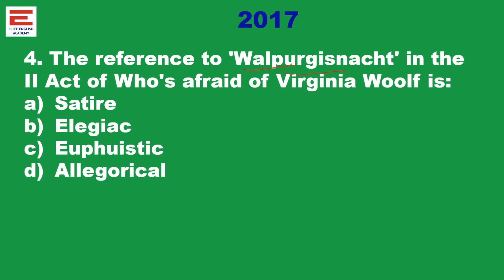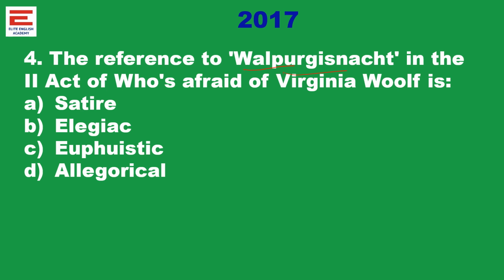Here it is something which is known for its artificial language. Then the word Walpurgisnacht, the German word, actually it has its origin in German. It refers to the night before May Day. That is the first day of May, when witches are supposed to meet together and create havoc.